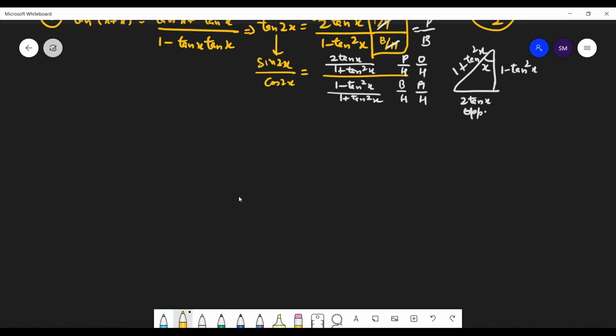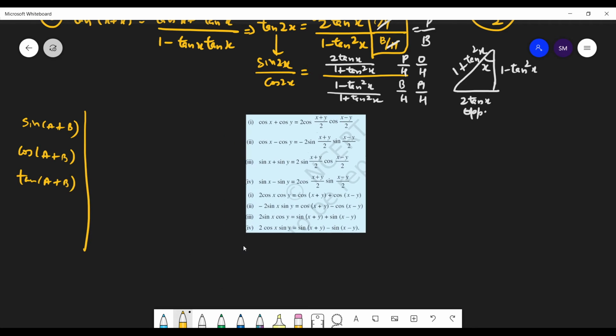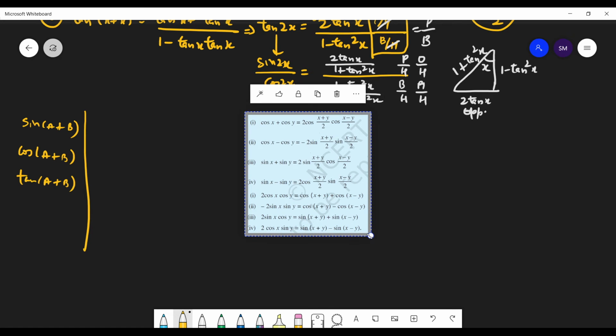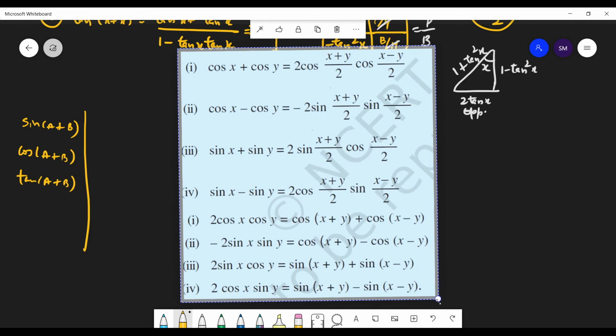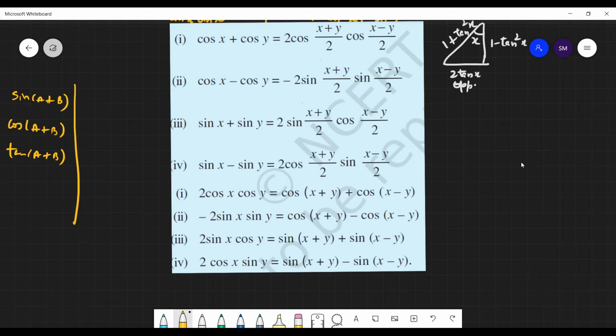Basically we have done only three formulas: sine A plus B, and we derived sine 2A from there, then cos A plus B, and tan A plus B. If we know these three formulas, we can write down these formulas, not a problem. Now we have these formulas also.